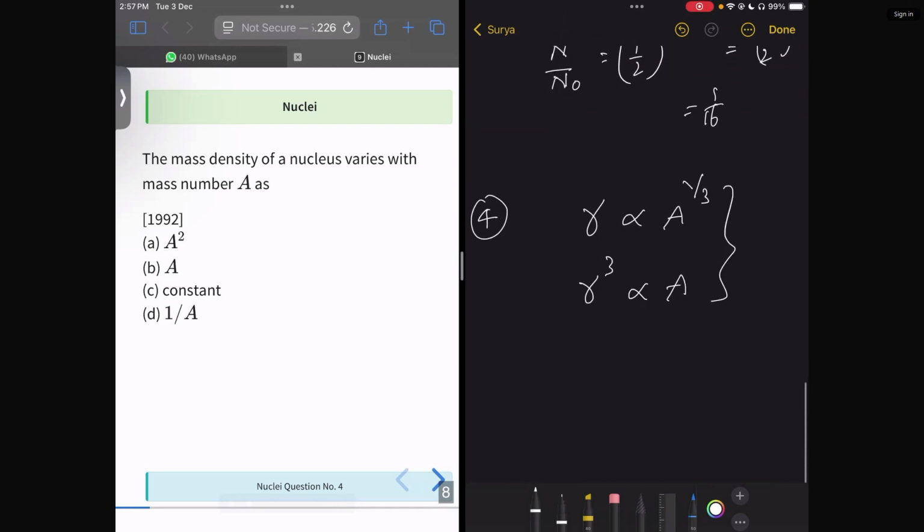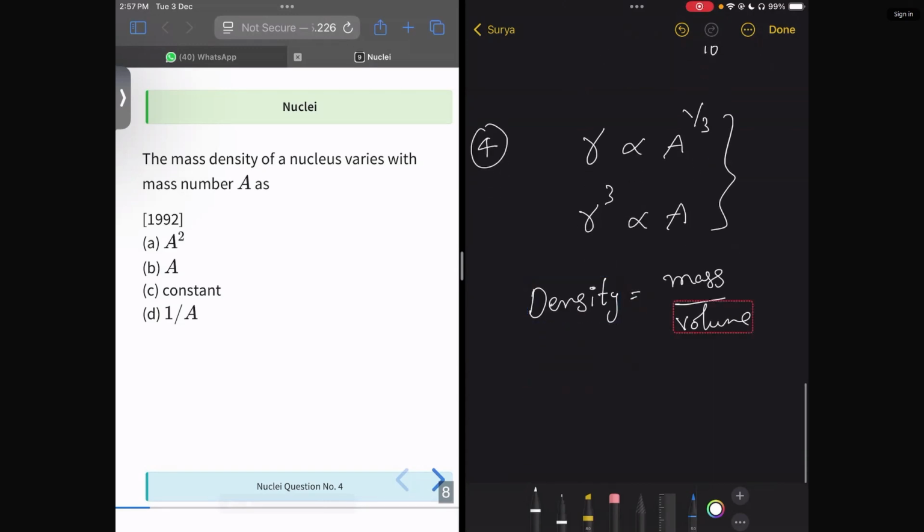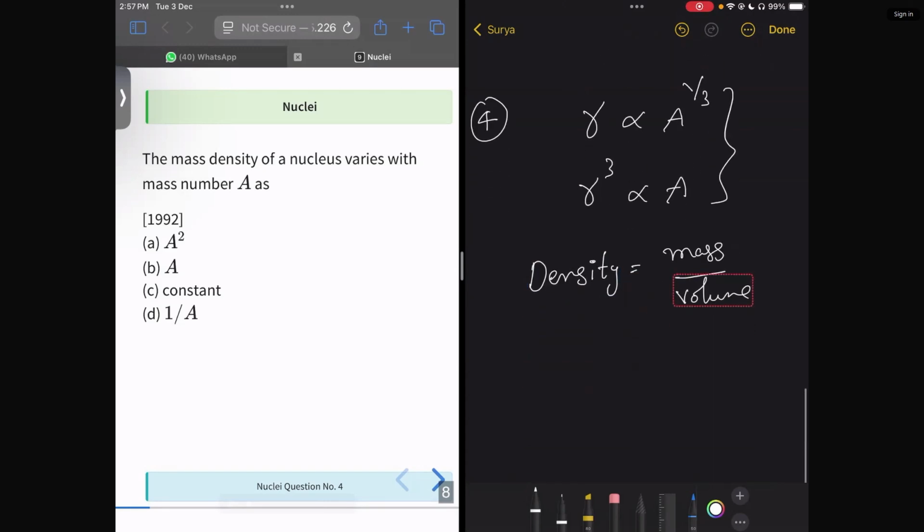All of you know what density is. Density will be mass by volume, right? Already we know the mass is proportional to the mass number A, and A is proportional to R cube.